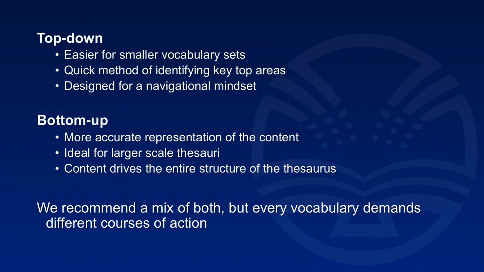So there's a couple benefits and cons to each of those. Top-down is really easy for one, simple vocabularies, two, potentially product listings, and three, if you have a small scale subject and you have one person working in a thesaurus, they're easy.